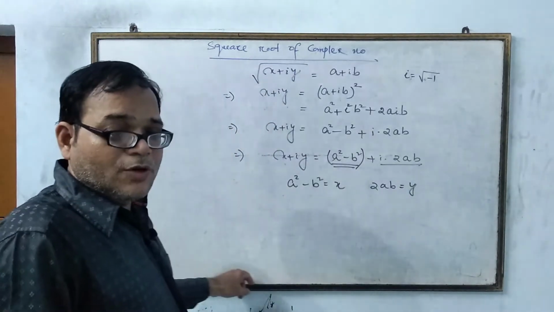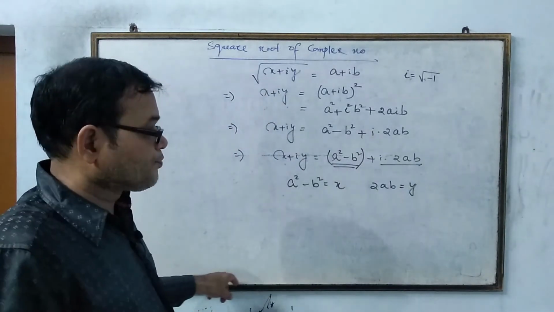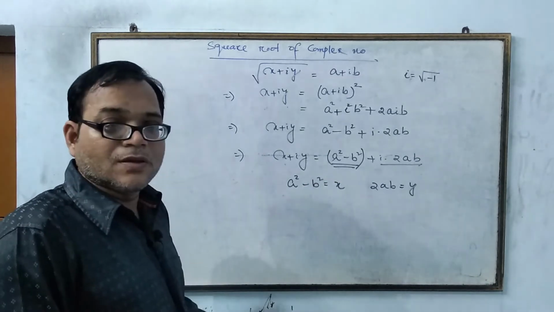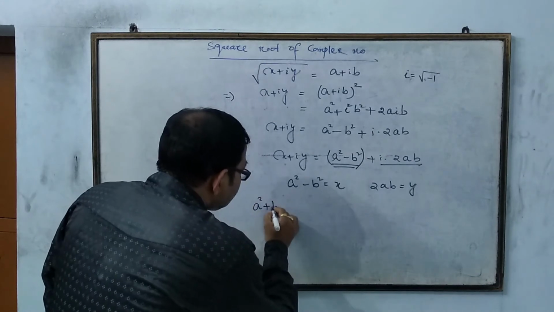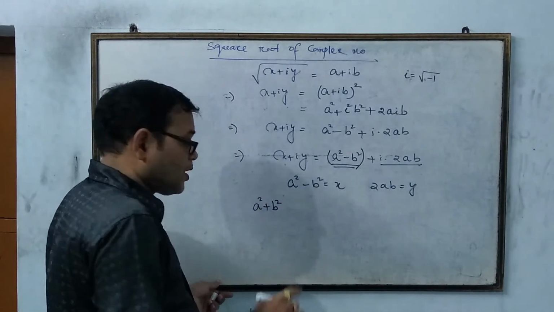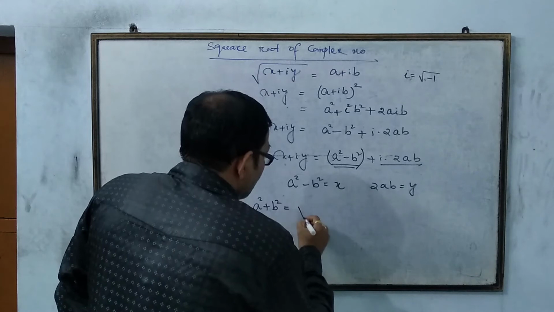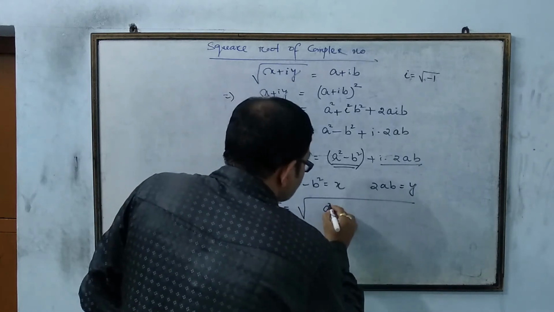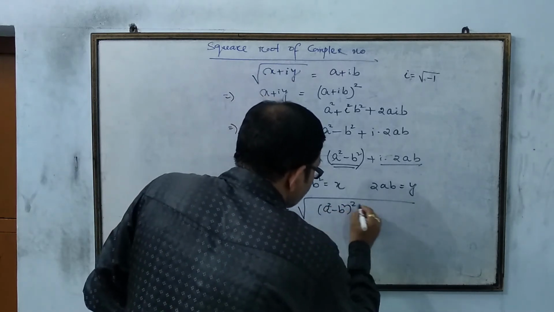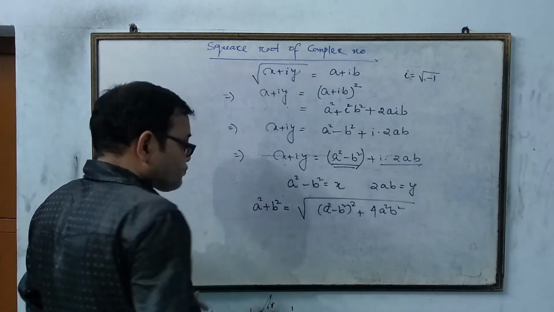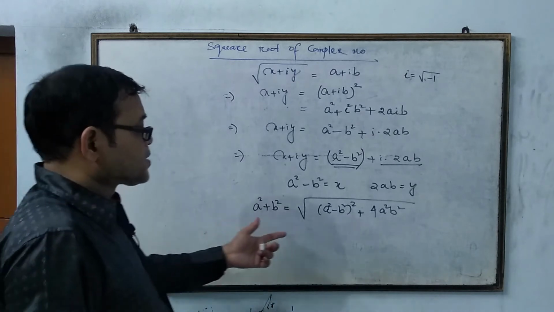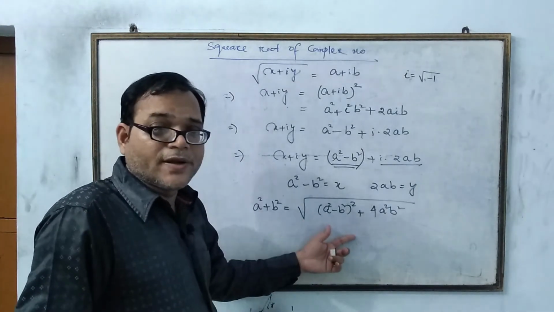If we know the value of a square minus b square and 2ab, can we find a square plus b square? You see how this will be obtained? Under root (a square minus b square) whole square plus 4a square b square. From where is this identity obtained?